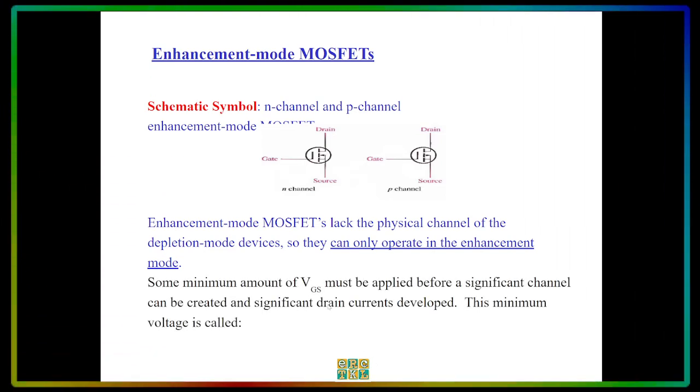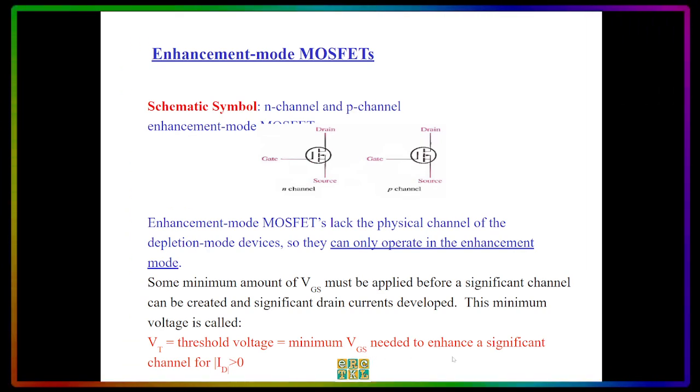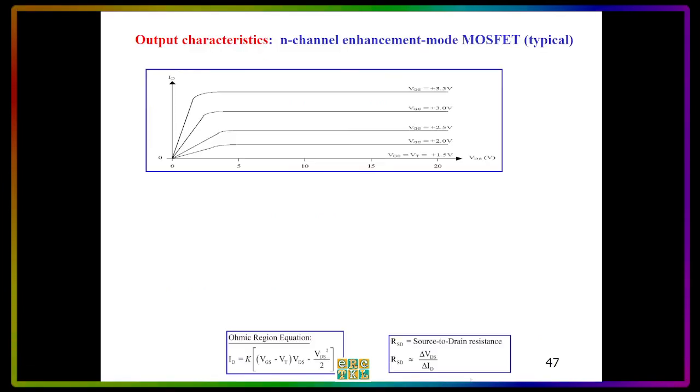Some minimum amount of VGS must be applied before a significant channel is created and significant drain currents can develop. The minimum voltage is called the threshold voltage, or VT. This is the minimum VGS needed to enhance a significant channel for ID greater than 0.